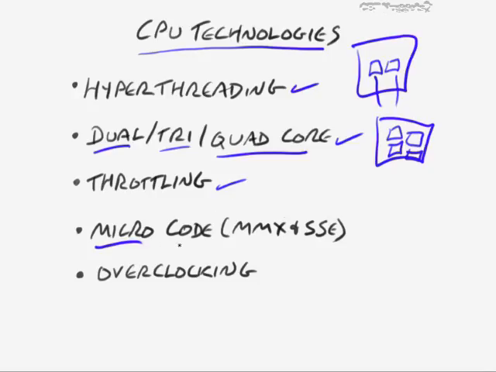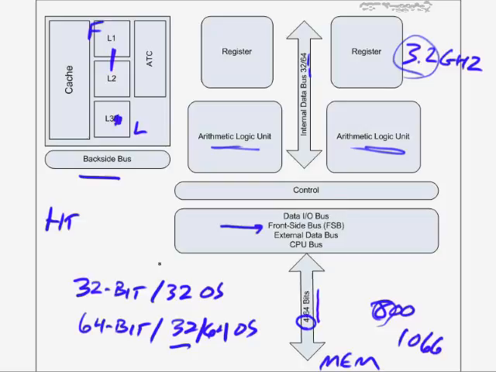There's also microcode, which we don't need to get too elaborate about, but just in summary, to begin with, MMX was multimedia extensions that Intel came out with, and AMD had some equivalents of this as well. This would take functions that would normally have taken place, let me go back to this picture here, multimedia functions and interpretations that would normally have to be processed through the ALU.